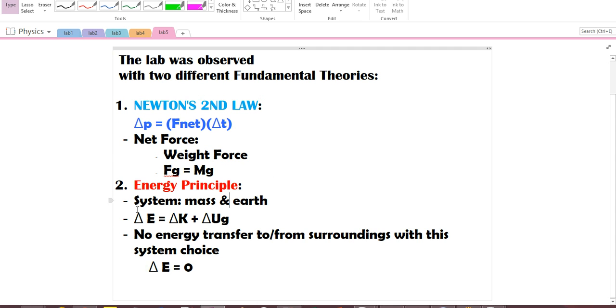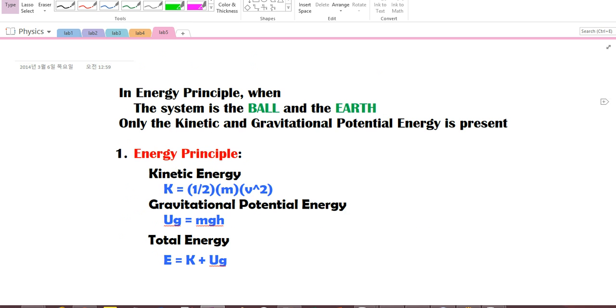Changing total energy equals changing kinetic energy plus changing gravitational potential energy, where changing total energy equals 0 because no energy is transferred to or from the surroundings. So in the energy principle, K is 1/2 times mass times velocity squared, and gravitational potential energy is mass times gravity times height, which is y of the slope.